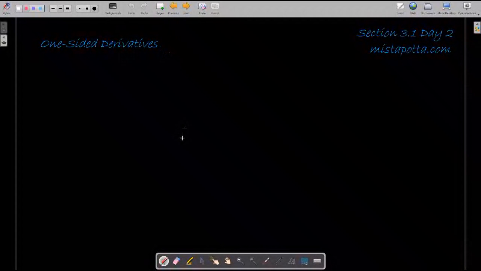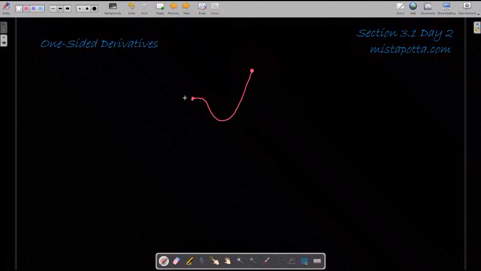Because if I have a curve that has a definite starting point and a definite stopping point, although I can't talk about this being a limit as h approaches 0, I could definitely talk about the limit as h approaches 0 from one side, because it certainly looks as if I have a certain slope for my tangent line.